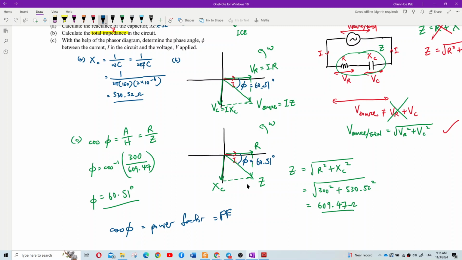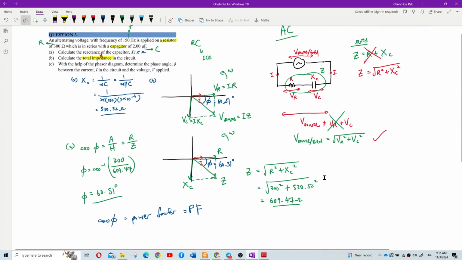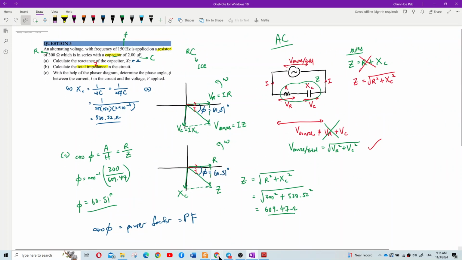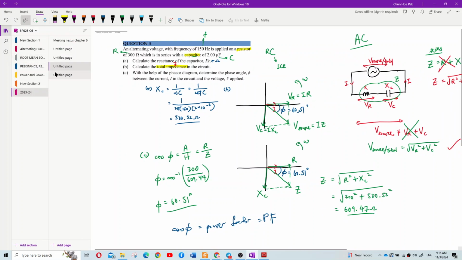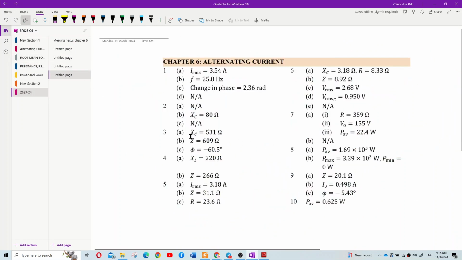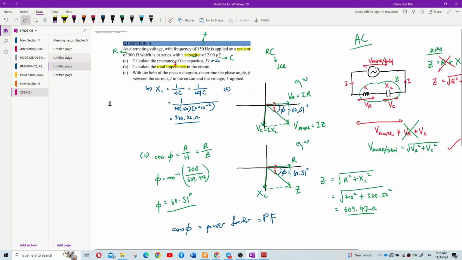Okay lah. I think that's all for now. Understand, class? So let's see the answer. Is the answer correct? Question 3, 609, negative 60 point. Yeah, correct lah. But you write it below the positive x axis lah.